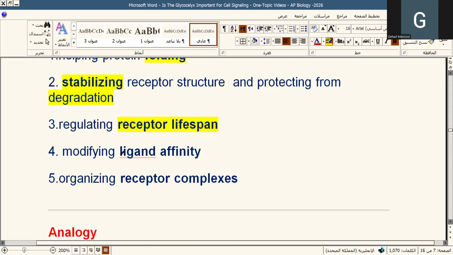So by adjusting the receptor shape, we are adjusting the ligand affinity, because if the receptor changes its shape, then the ligand might not be able to bind and would lose its affinity for that receptor.